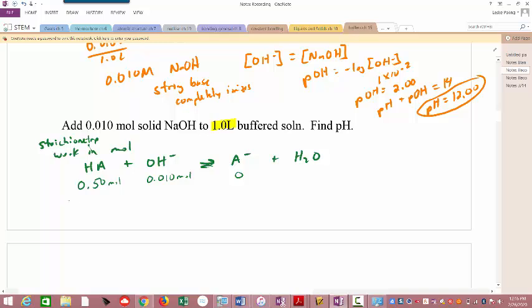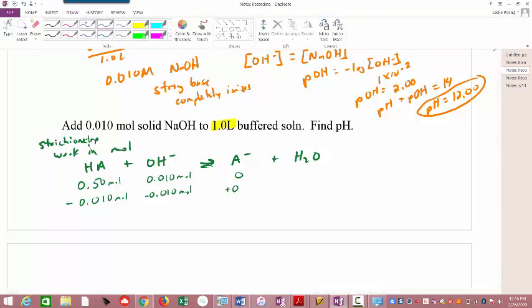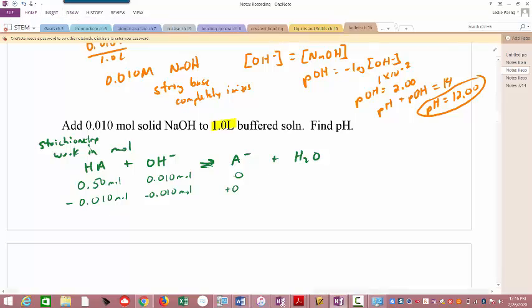Now, this is going to react. And if the HA reacts with that hydroxide, oops, I made a mistake here. That is not starting at 0 because we're a buffer system. So it's starting at 0.5.